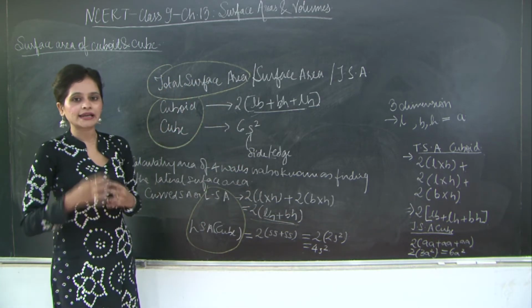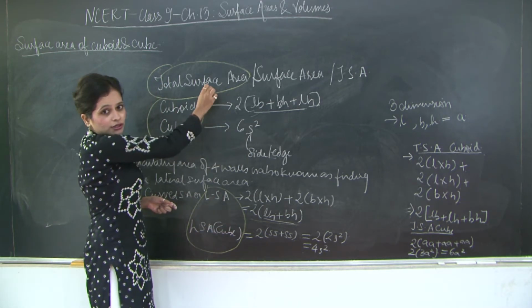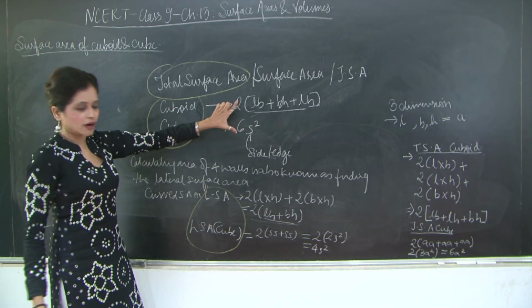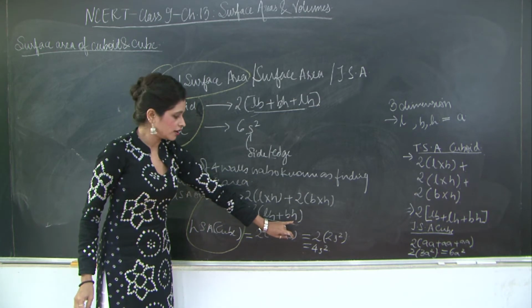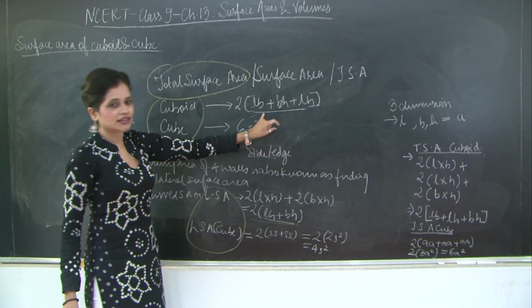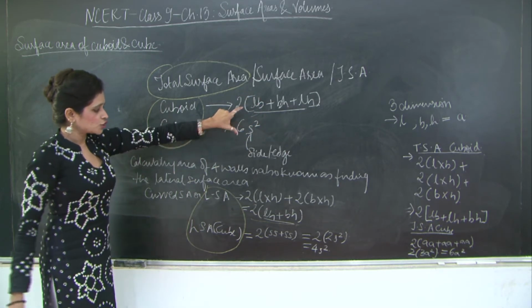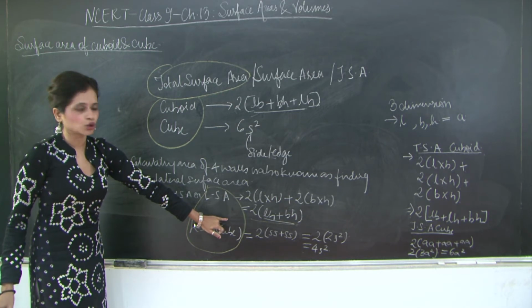So how do you relate these? For example, if you take the total surface area of the cuboid and the lateral surface area of the cuboid, see, you have 2 outside for both. Inside, one term is missing in your lateral surface area, which is going to be the base, that is L into B, right? So there is a relationship between the total surface area and the lateral surface area of your cuboid.